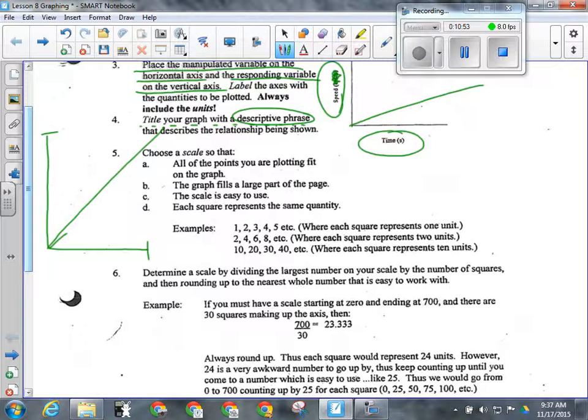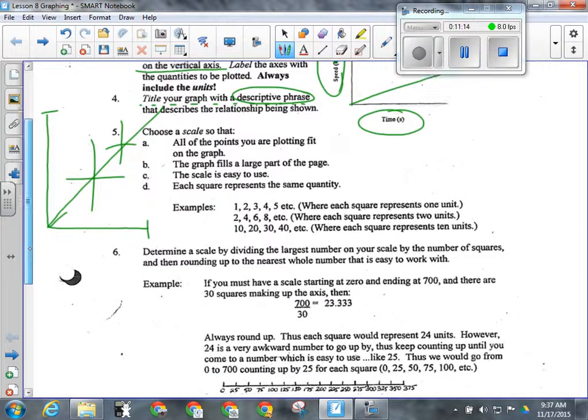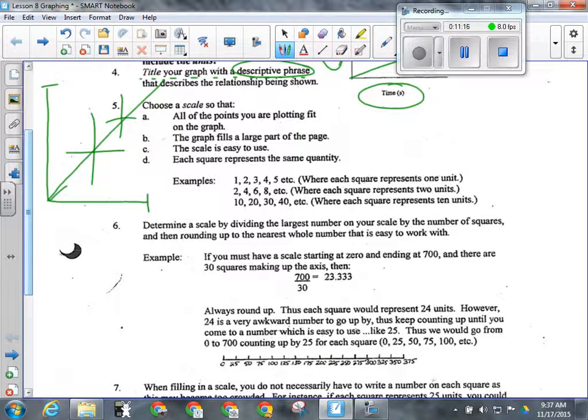It's way easier to work with a graph that's big, because then you get more data points. You get more grid intersections where all of your lines are. It just works out a lot better than when your graph is only this big. So we always want to take up as much space as possible. Now again, it's not something we have to do all that often anymore because the computer will do it for us. So we want to use a scale that's easy to use.